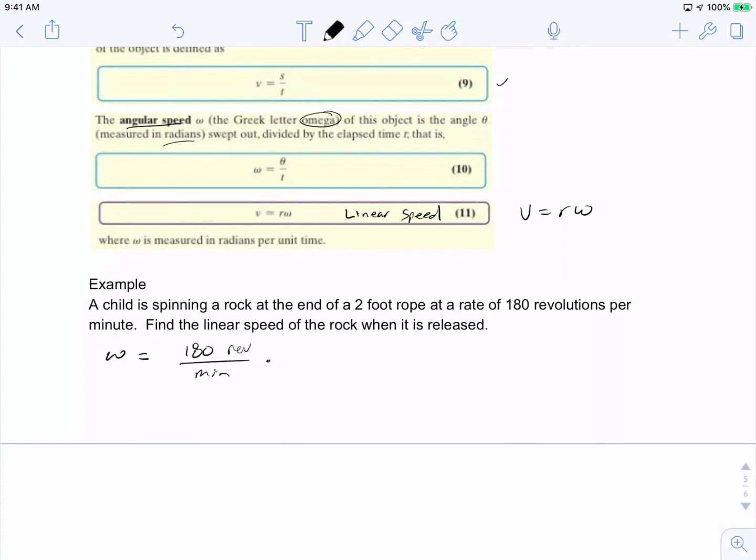And then we're going to multiply that, because we need to be in radians, times 2 pi, which is a full circle, radians over revolutions. And that's going to equal 360 pi radians per minute.